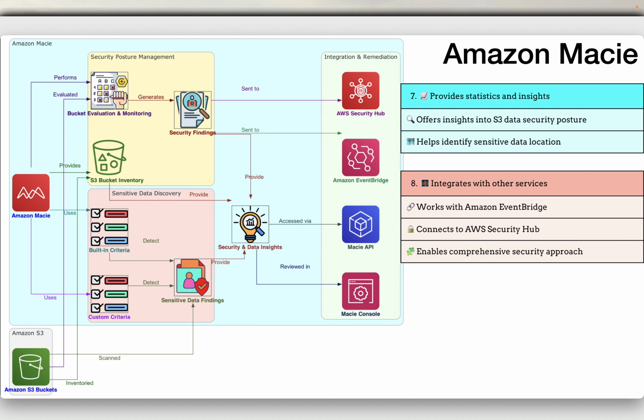Macie seamlessly integrates with Amazon EventBridge and AWS Security Hub, allowing you to monitor, process, and remediate findings using other services, applications, and systems for a more comprehensive security approach. So this is all about Macie. Next we'll see all the features of Macie one by one.